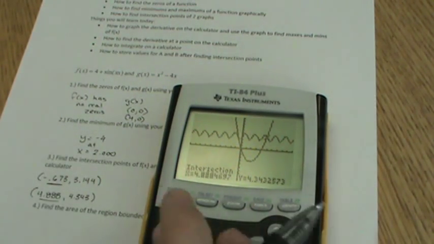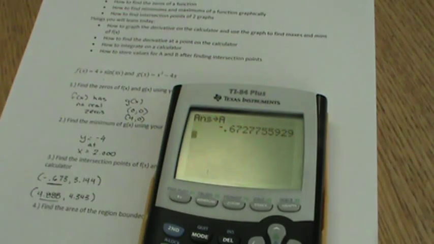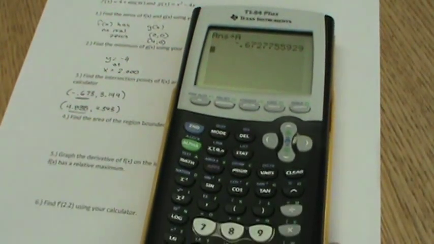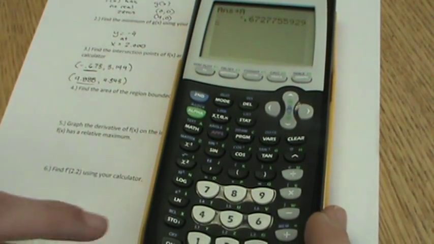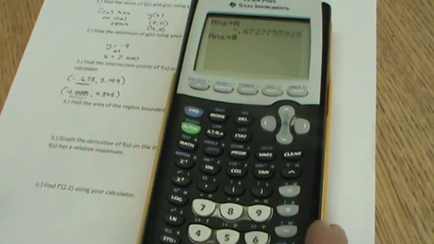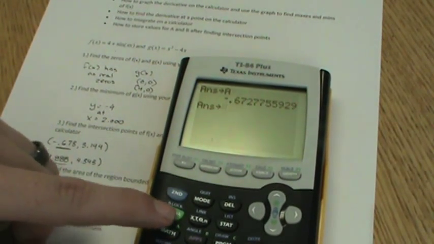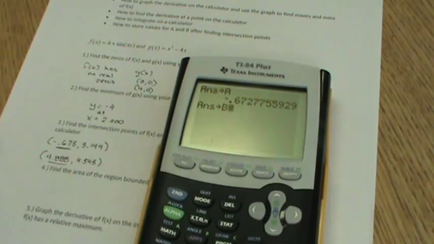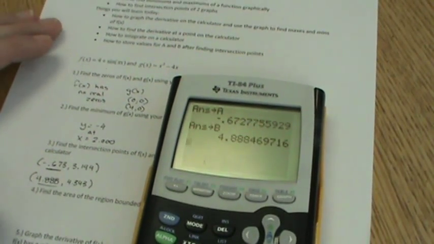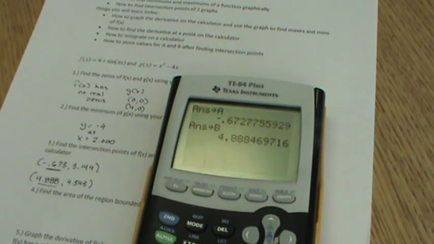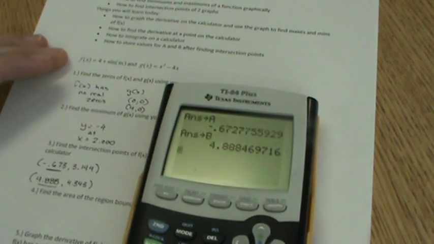So before I hit anything else, I'm going to hit second quit. I'm going to go back to that store button at the bottom. So I'm going to hit store, and then I'm going to hit alpha B, and I hit enter. That stores 4.888 as B now. So these are very important values. These are what we're going to use for integration.